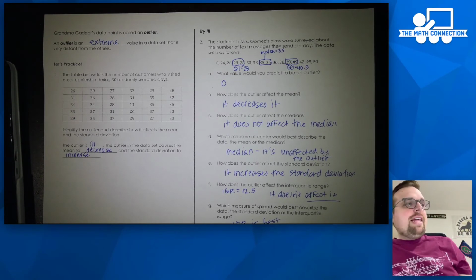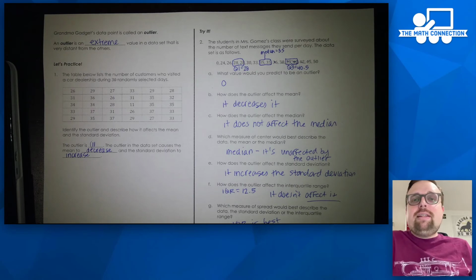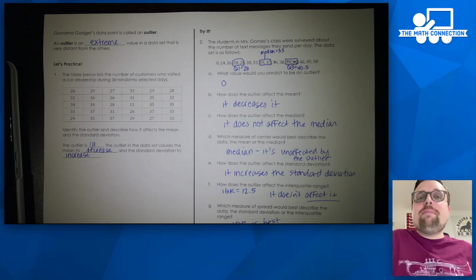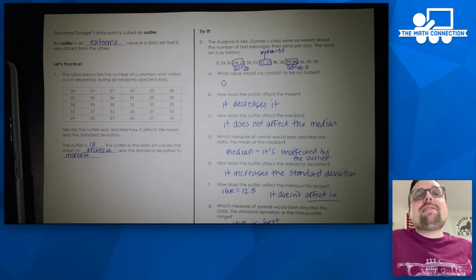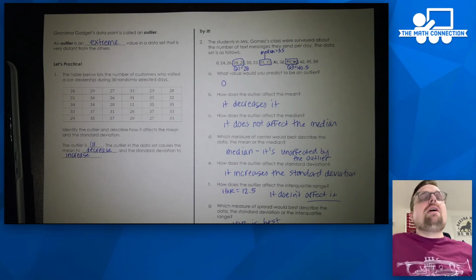Okay, so that's basically the gist of what we're talking about when we're talking about outliers. They're extreme values that are very, very far away from the rest of the data that's in the set.